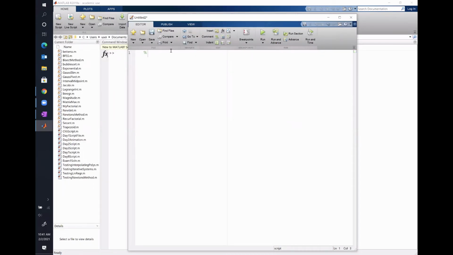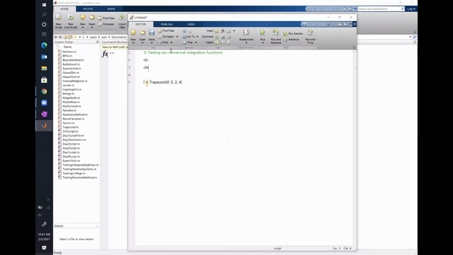And this is testing our numerical integration functions. So here we're going to say i equals trapezoid of f, 0 to 4.